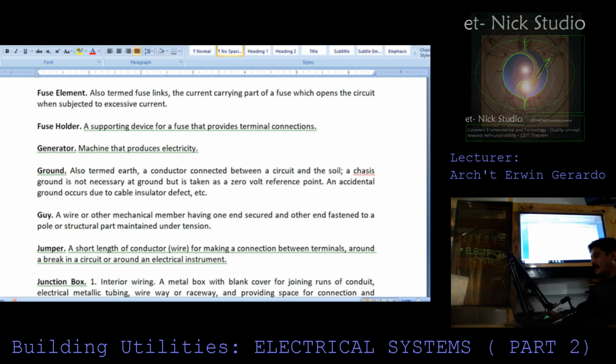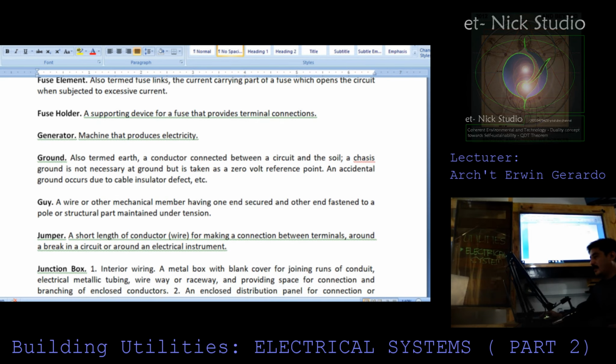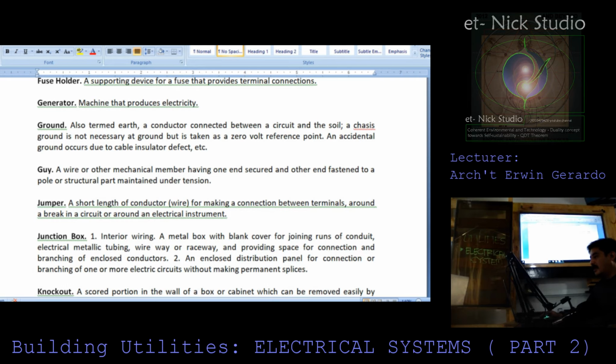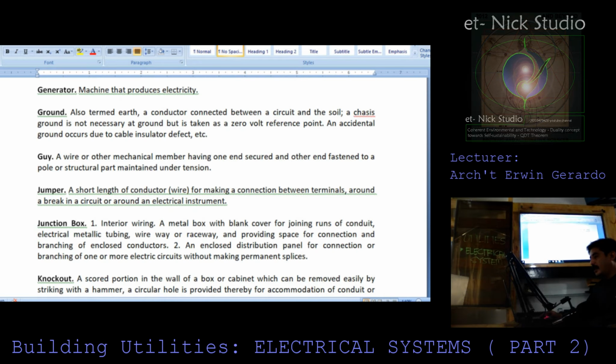Fuse element, also termed fuse link, the current carrying part of the fuse which opens the circuit when subjected to excessive current. Fuse holder is a supporting device for a fuse that provides terminal connections. Generator, a machine that produces electricity.